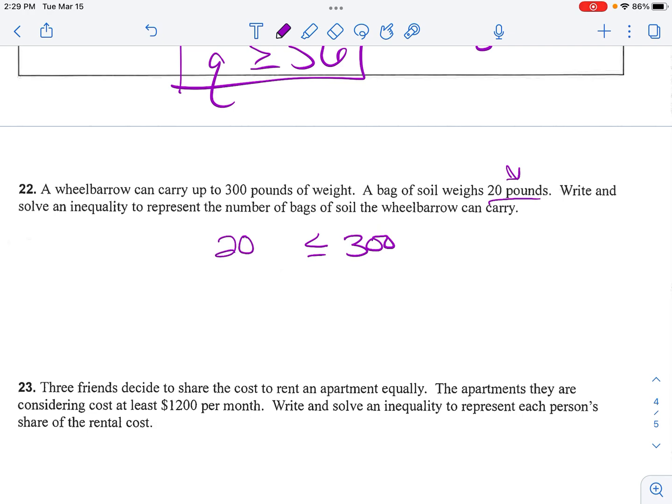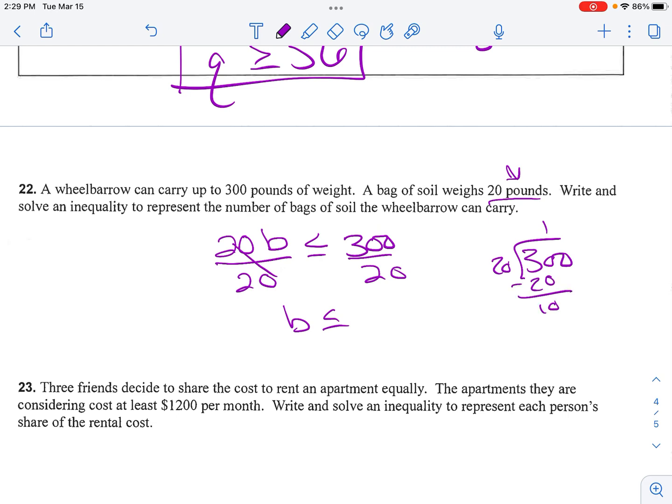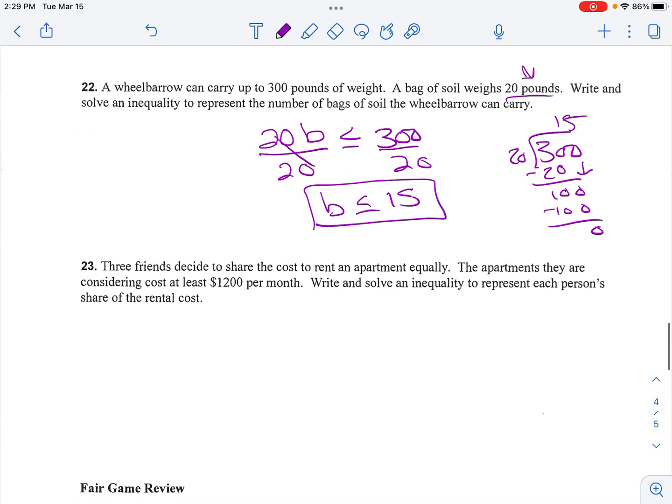So it's 20 pounds per bag. So 20 times how many bags would be less than or equal to 300 pounds. So we're going to do the inverse and divide both sides by 20. So the wheelbarrow can hold up to 15 bags. No more than.